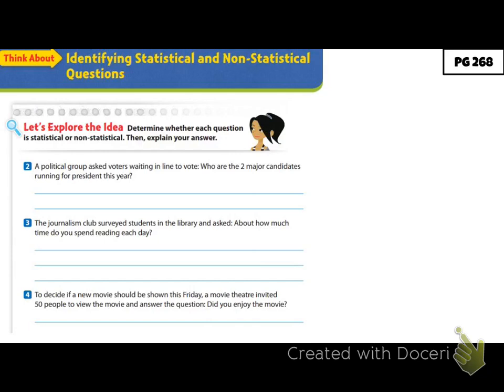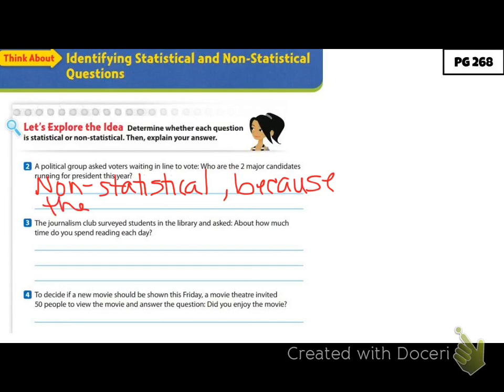If they're asking who are the candidates running for president, we're going to have exact answers. So we would say that this is a non-statistical question because the answers are exact.